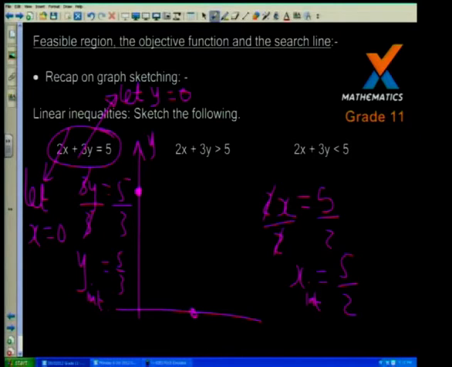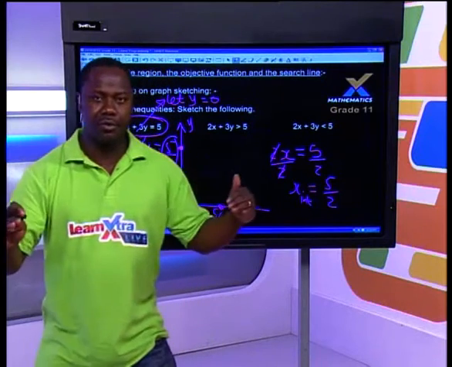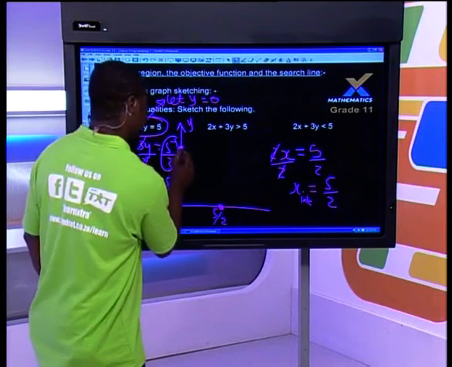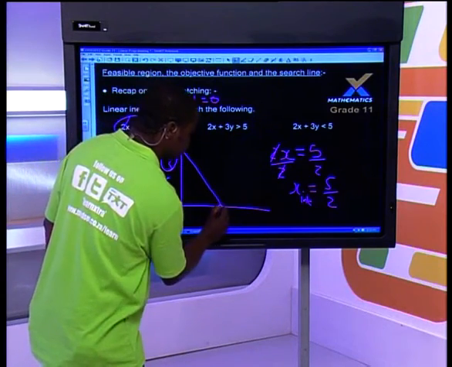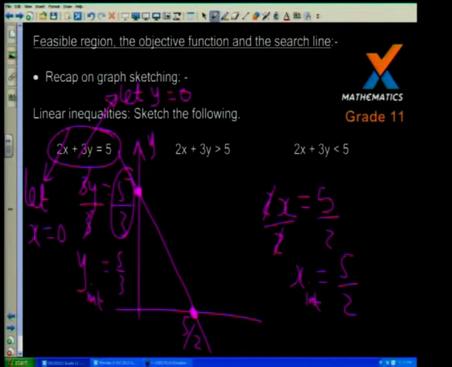Then you mark it on your graph. You will be having a graph paper. In this case, I'm just using a rough sketch. You just need 2 points. It's good enough to draw a straight line. So then you can join those 2 points. You can extend it if you want. So that's how we would draw a line of 2x plus 3y equals to 5.